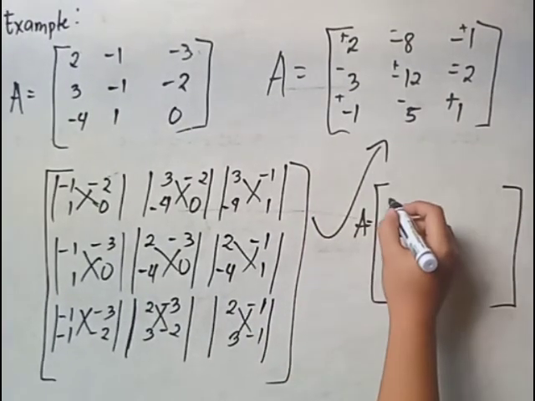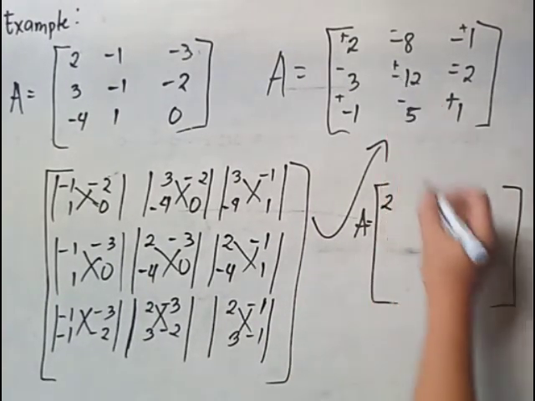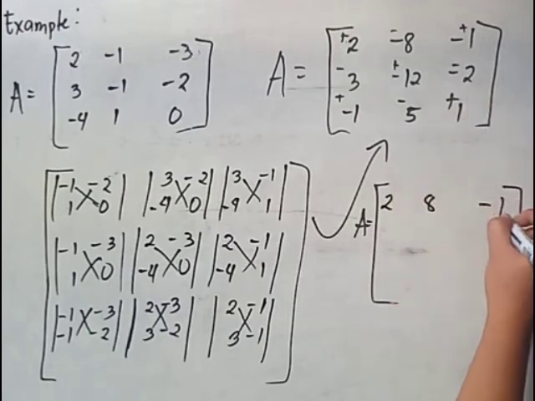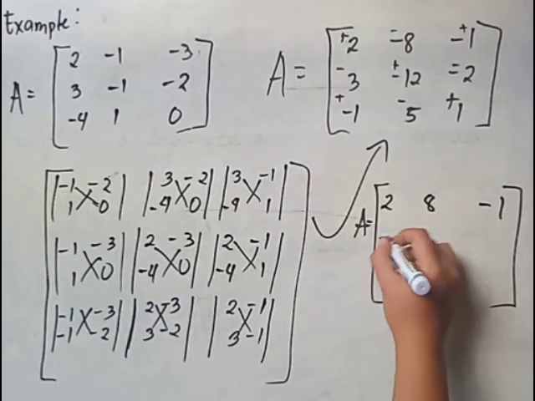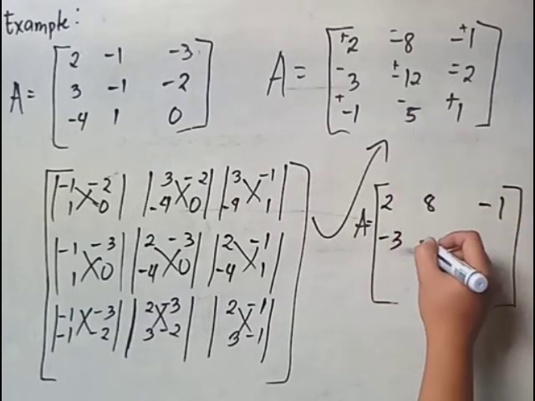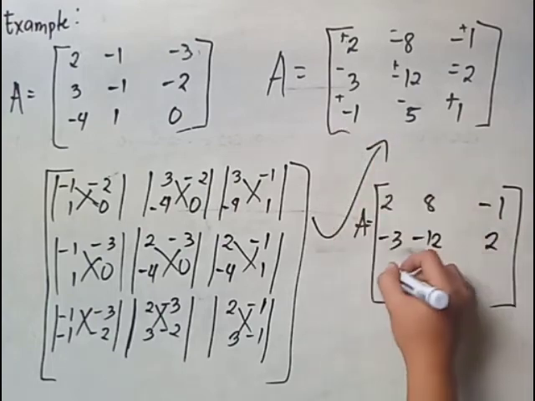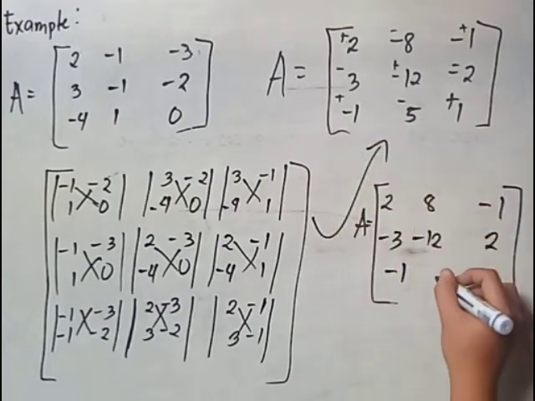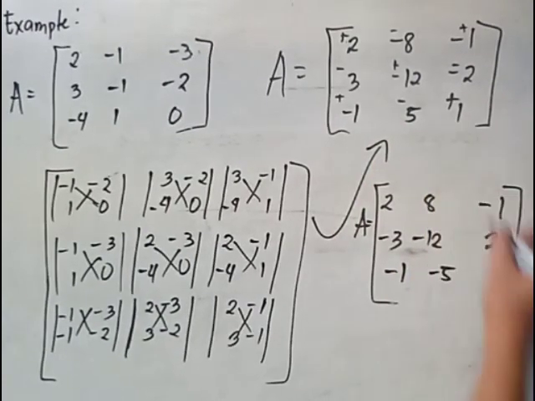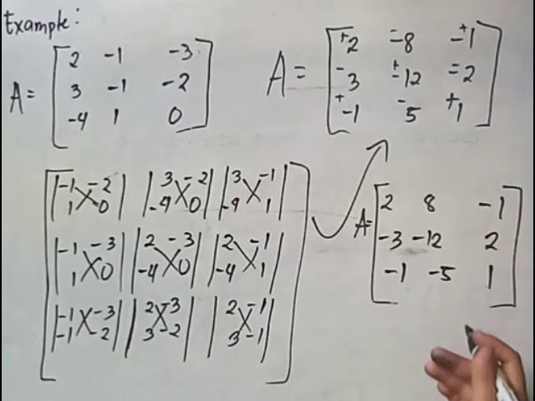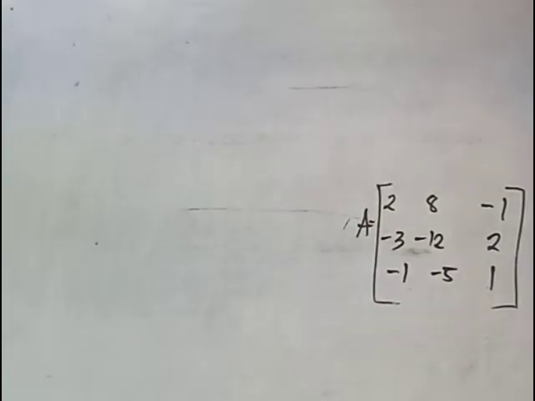So that's still positive 2. Now it's positive 8, negative 1, negative 3, negative 12, positive 2, negative 1, negative 5, and positive 1. These are now the cofactors of the matrix.